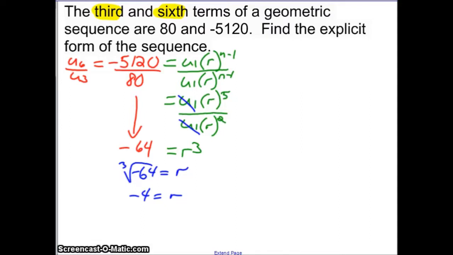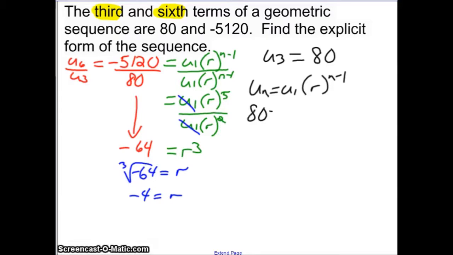I am going to now take the fact that U sub 3 is equal to 80, and again use the formula U sub n equals U sub 1 times r to the power of n minus 1, and plug in U sub 3 equals 80. So 80 is the term.